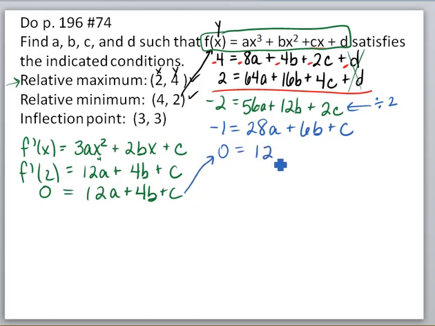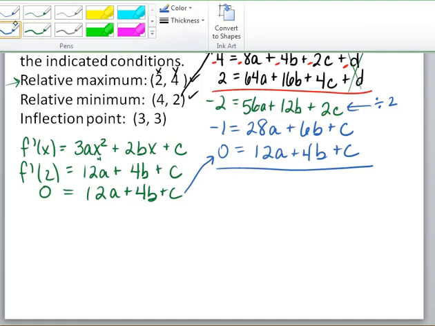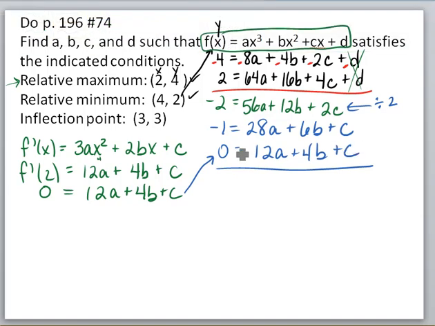So I've got 12a plus 4b plus c. And I'll get ready to solve those simultaneously. I should be able to fit that in here in this video. So I'm going to change all of these to be negative. That way I can add them together. This gives me 2b plus 16a equals negative 1.